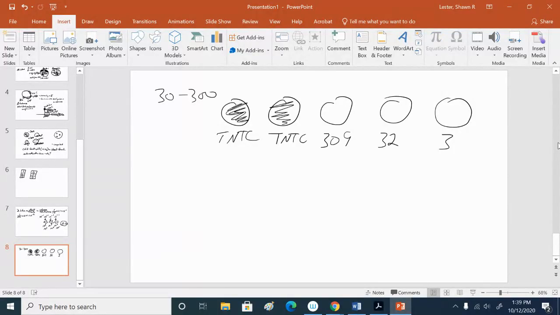So what's this last one here? Right, TFTC, too few to count, right? So the only really good number is this one, right? Because it's between 30 and 300. So if these are the dilution factors for the plates, let's see.